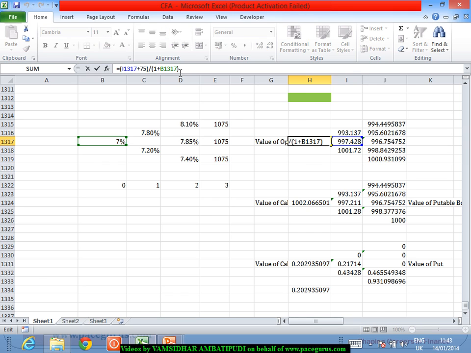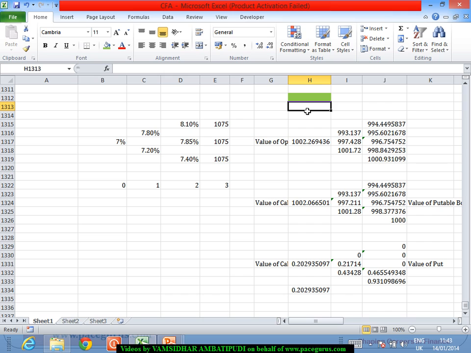Now this value should be only 995 because my bond is being sold at 995 only.